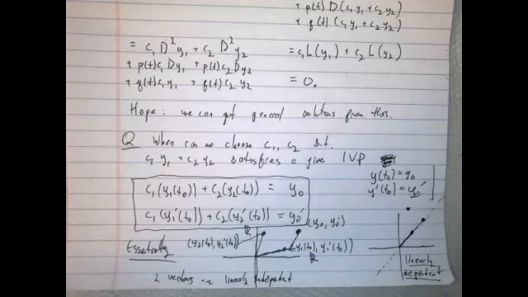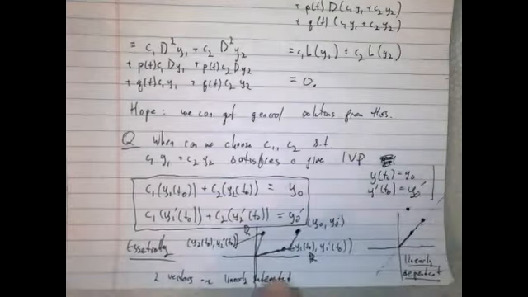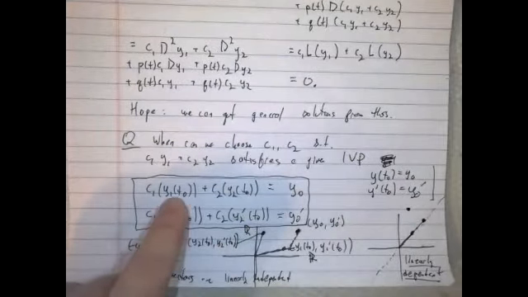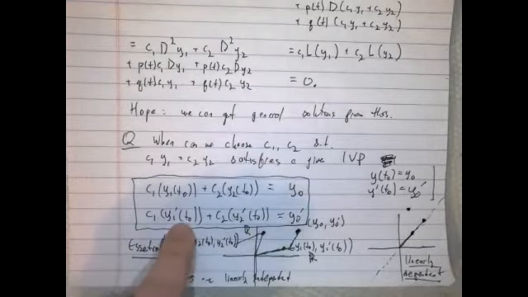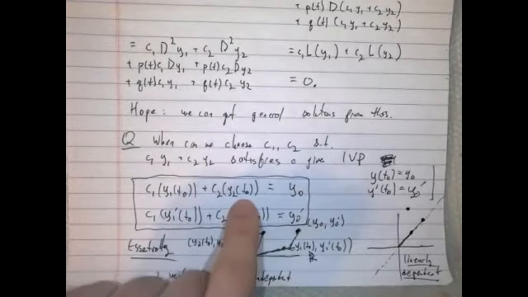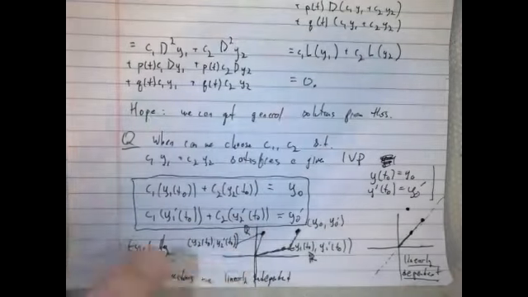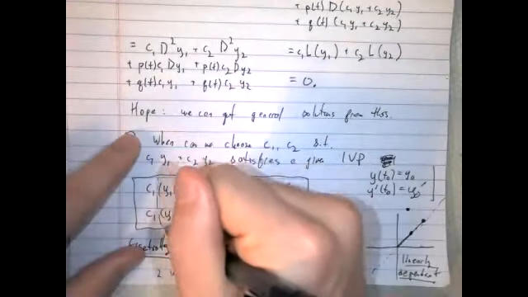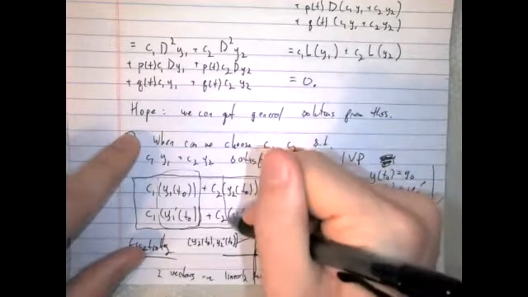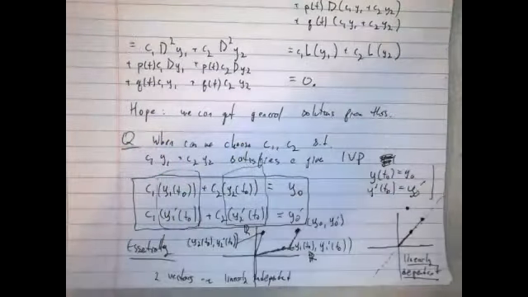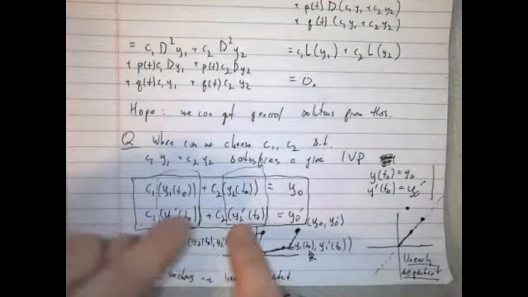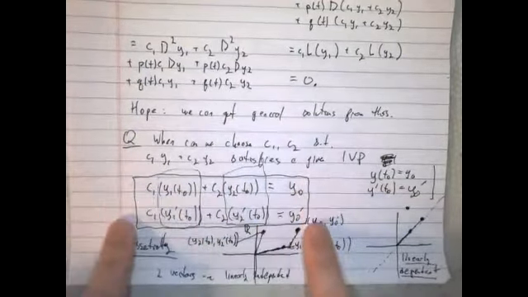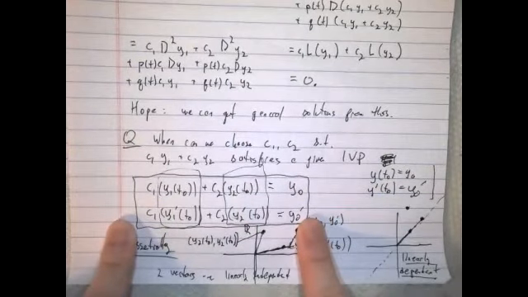Exactly. In the dimension 2 case, what I'm saying is that if the two vectors given by the numbers y1 t0 and y1 prime t0 and y2 t0 and y2 prime t0, as long as these two vectors that are given by the columns are linearly independent, then I can find unique constants C1 and C2 such that this system of equations is satisfied uniquely.